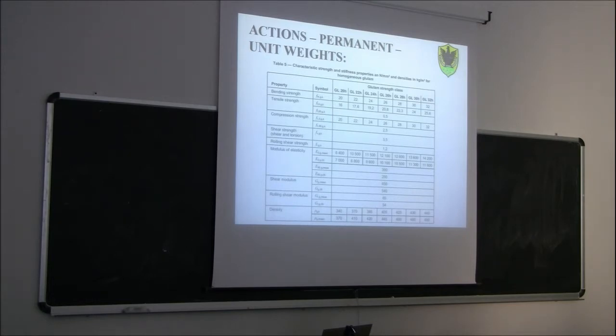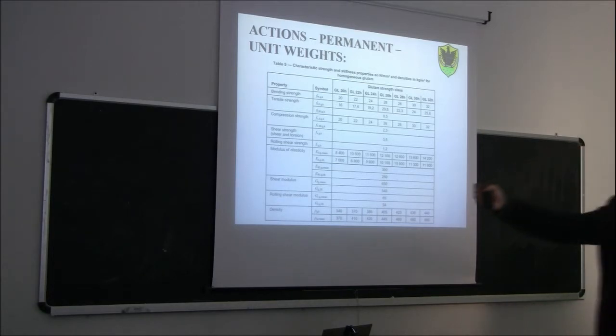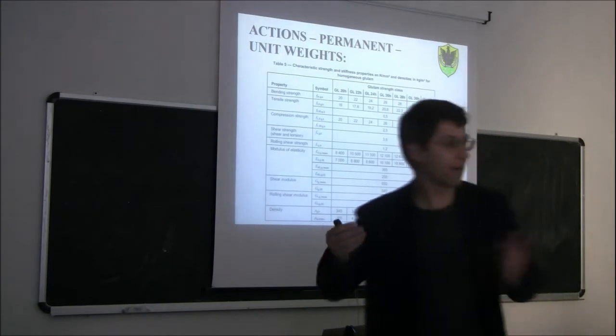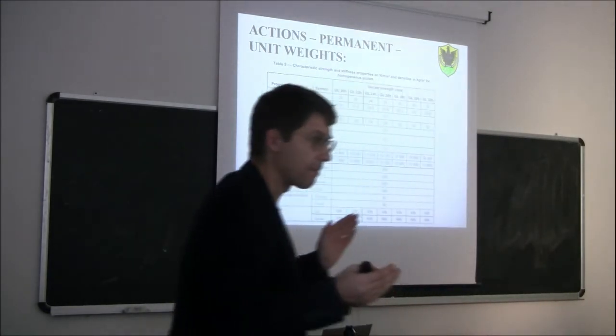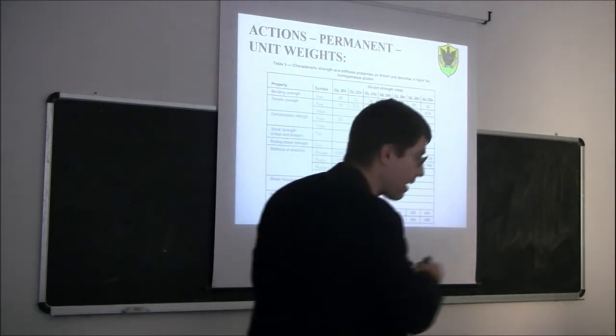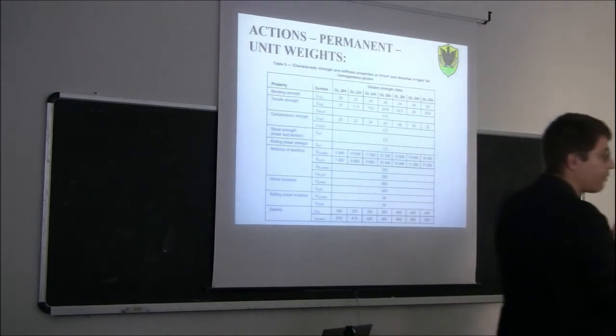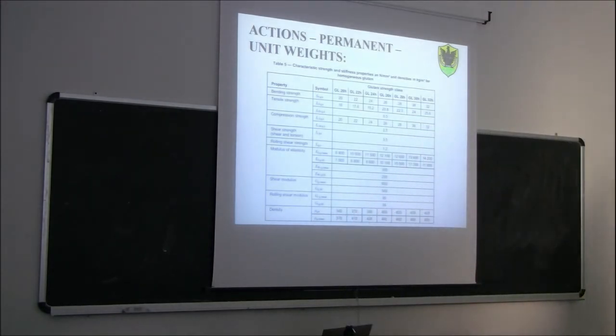The upper fractile. So when we talk about actions, Gk means the characteristic value of the load, and this could be the upper 5th percentile fractile, or if you want, the 95th percentile. However, we said that for permanent loads, since the coefficient of variation, so the standard deviation, is very small, usually the regulation refers to the mean value.